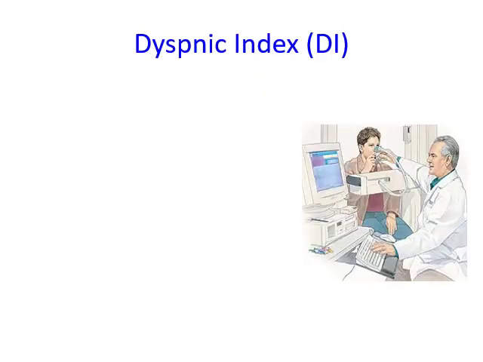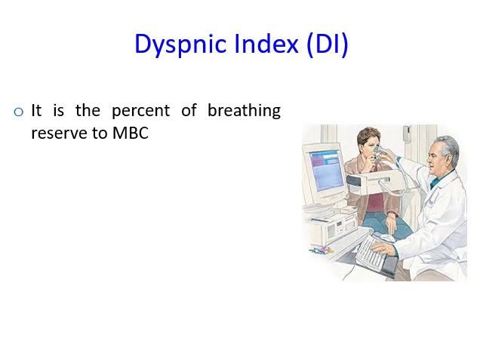Now coming to an important index, which is the Dyspneic Index. It's the percent of the breathing reserve to the maximum breathing capacity. The breathing reserve is the maximum breathing capacity minus the respiratory minute volume.